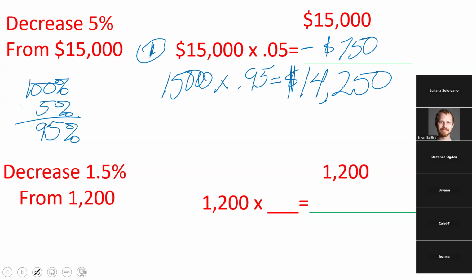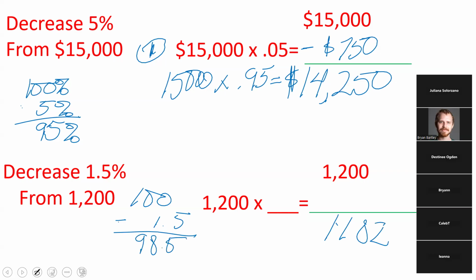Okay. This last one, 100 minus 1.5 gives me what? Okay, so Leanna gives us the answer of 1182. And how we got there was 98.5.